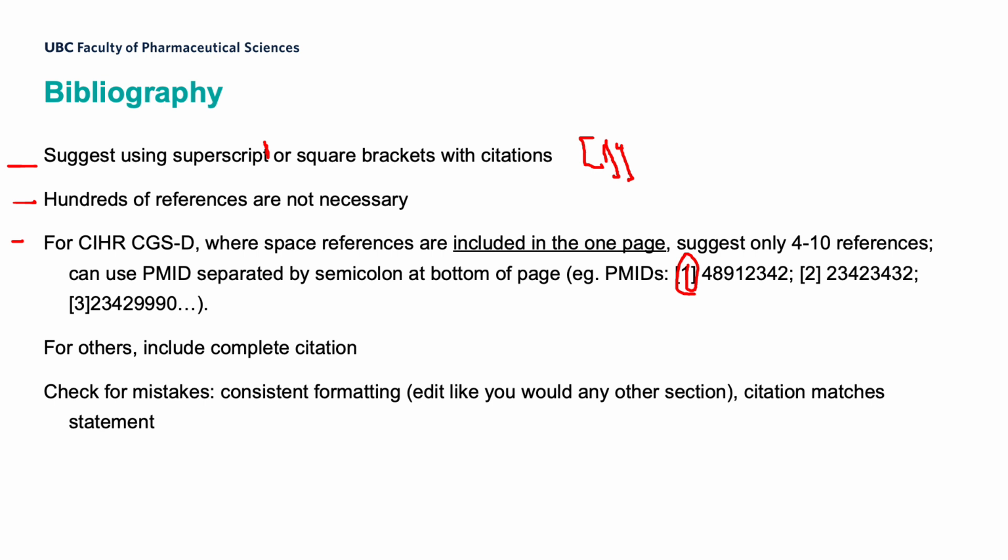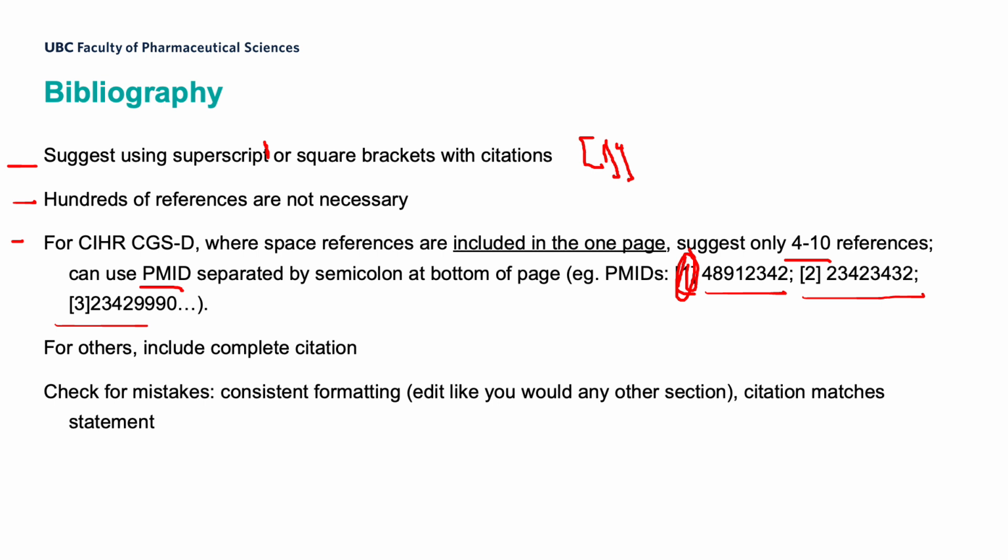But for the CIHR CGS-D, I suggest really 4 or 5, maybe 10 maximum references, and then you can use the PMID, the PubMed ID, or any other unique identifier, and just separate them by semicolons. So you have your in-text citation here, and then the PMID for the first one, the second one, third one, and so on.